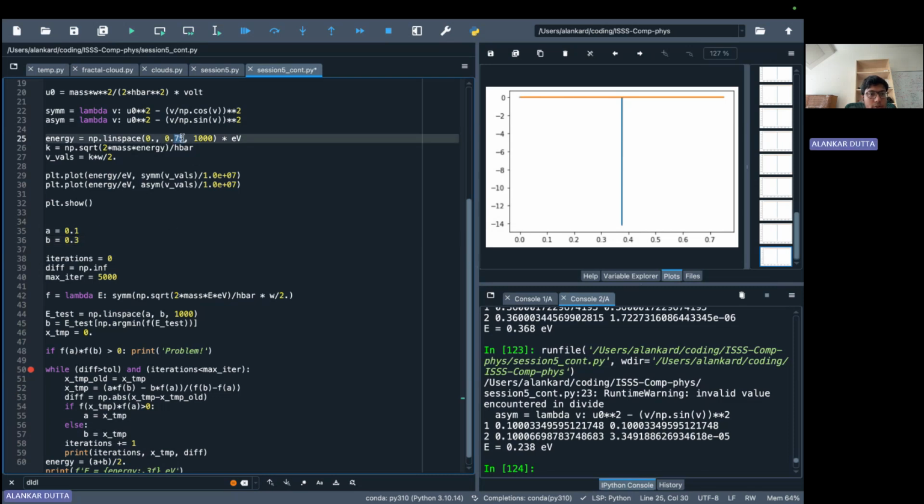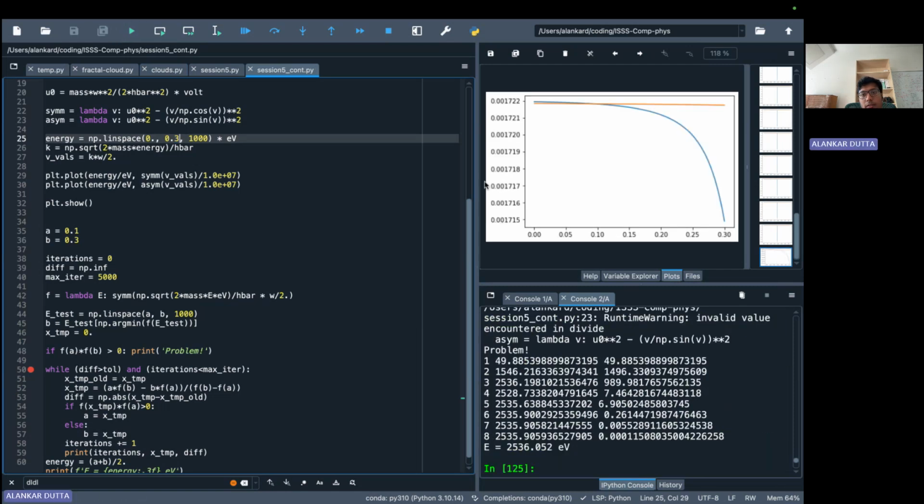So 0 and 0.3. Yes, there is a place where this problem. 0.5.